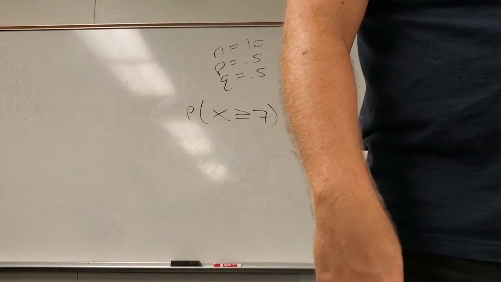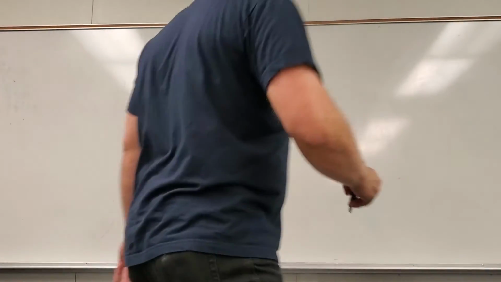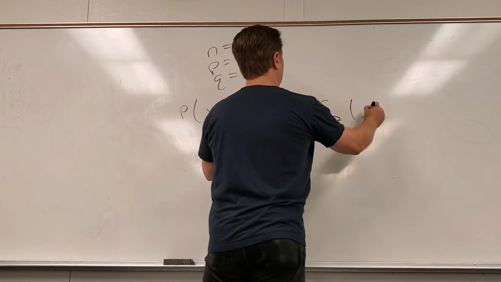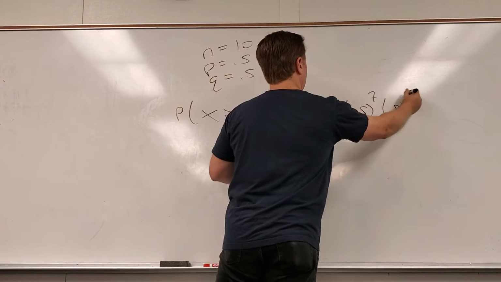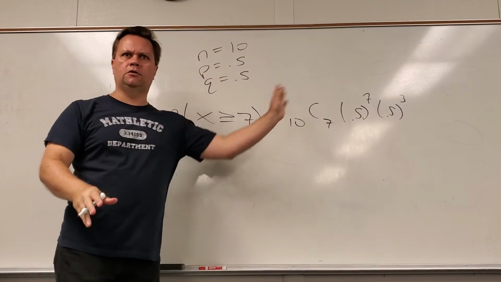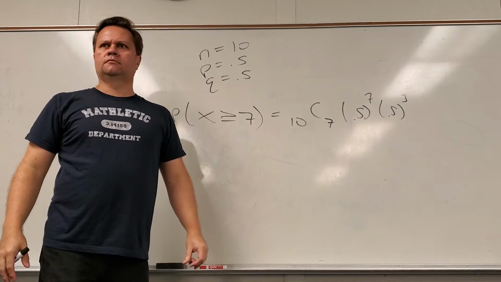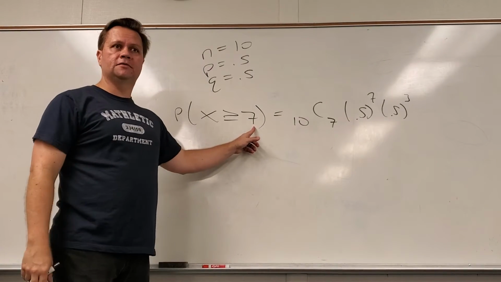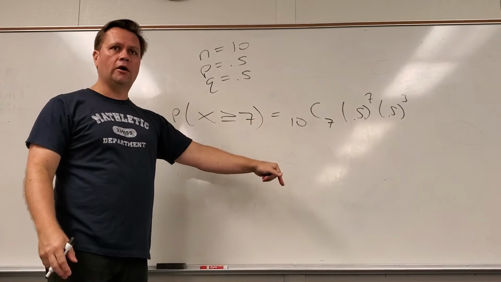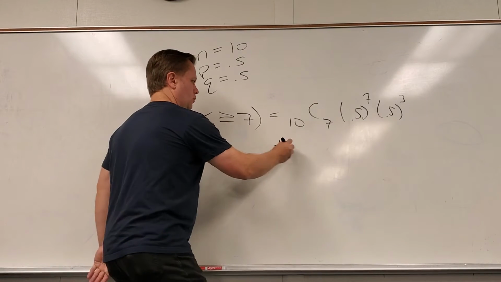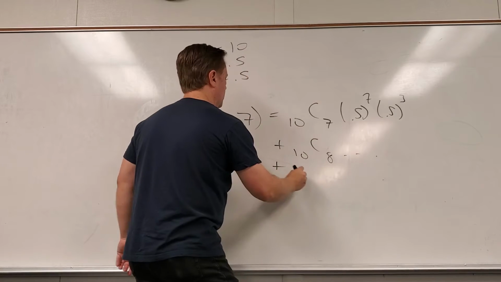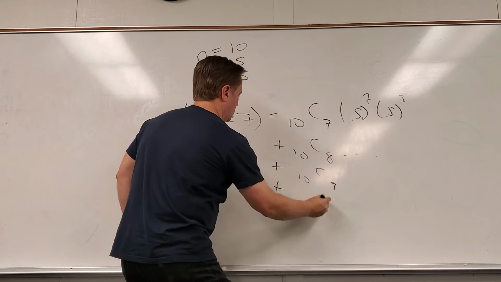So how am I going to do this? What's wrong for the person that does this? And that's it. And then they do that and they're done. Yeah, you're missing the rest. At least 7 is 7, or 8, or 9, or 10.